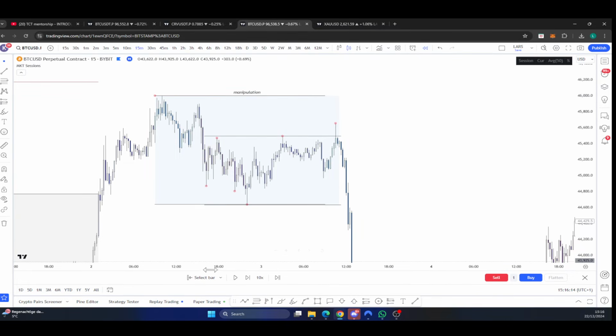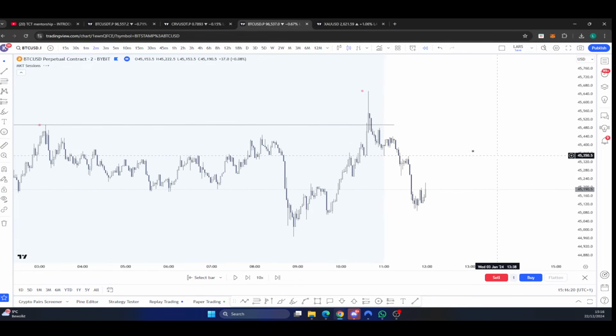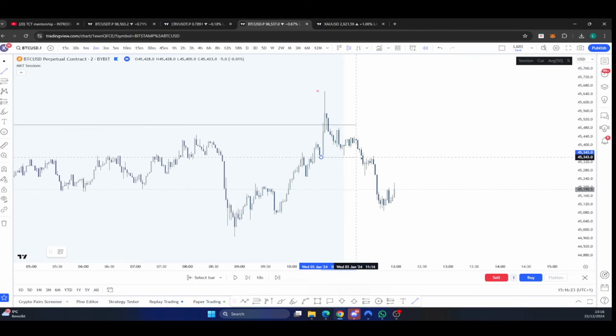Now, this was actually an absolutely insane trade because we got a very refined entry within the model itself right here. Right here, we broke structure, supply creation right there.